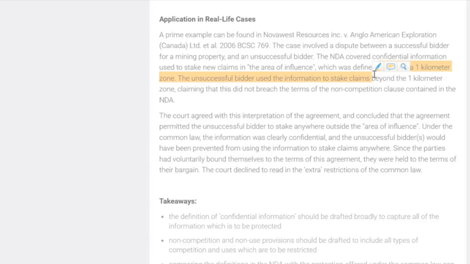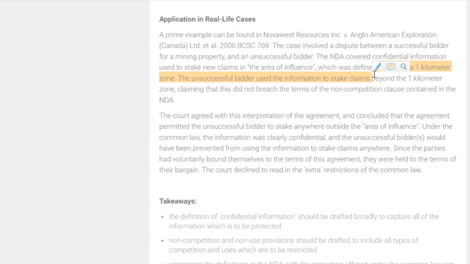So ultimately, there would have been more protection afforded under common law than under contractual law, but because in this situation the parties had agreed to voluntarily create this limit, the court confirmed that limit and provided that there was no confidentiality outside of that 1 kilometer zone.